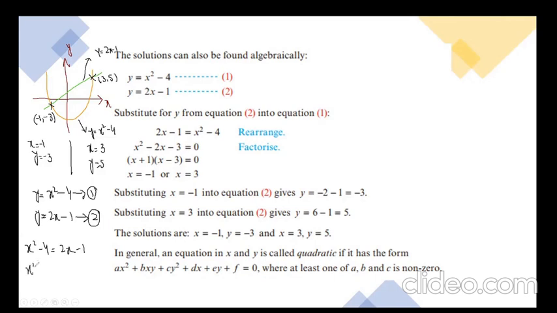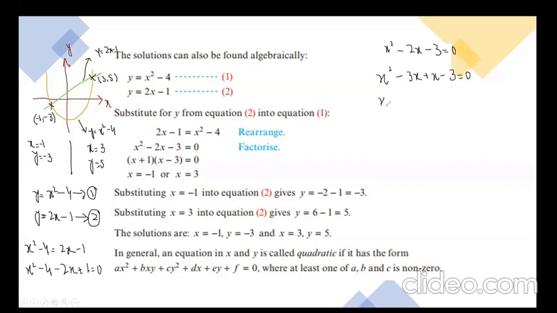So rearrange it. x square minus 4 minus 2x plus 1 equals 0. So the equation is x square minus 2x minus 3 equals 0. Now, mid-term breaking: x square minus 3x plus x minus 3 equals 0.